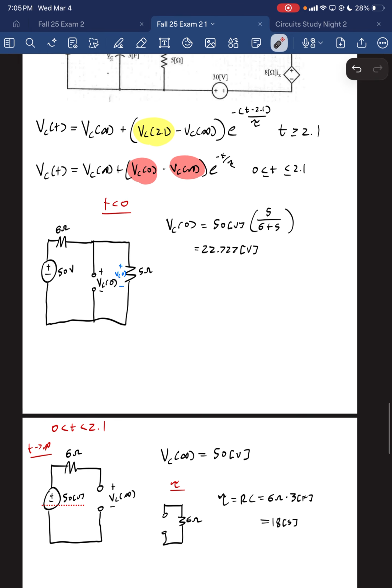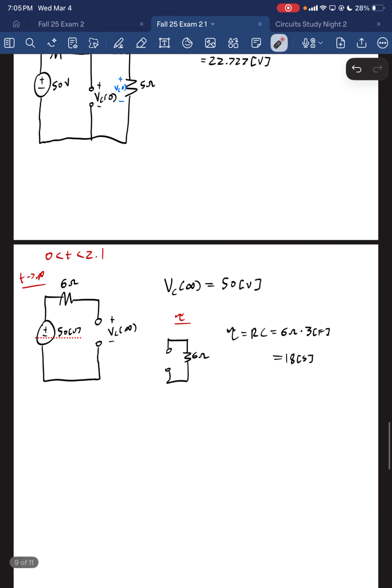Can we say that for this one, it basically means what VC is right before 2.1 seconds? Yes, right in that instant before 2.1. And that's what VC infinity is for the first time. And the second time, VC infinity is whatever it is as far as possible after 2.1, as long as it takes.